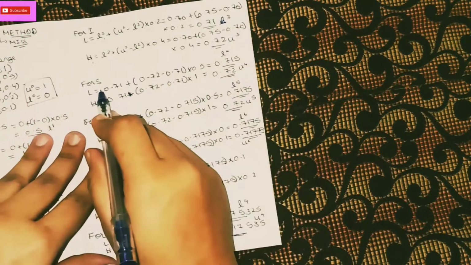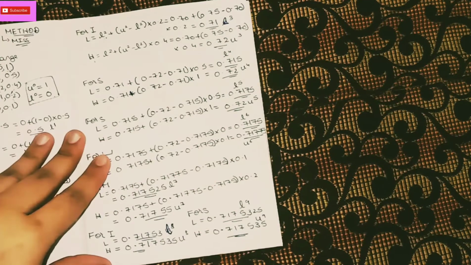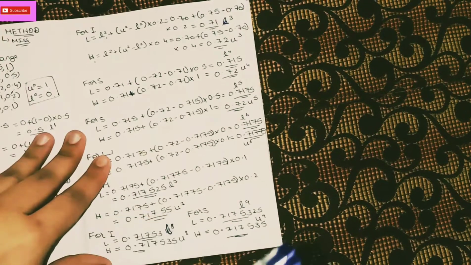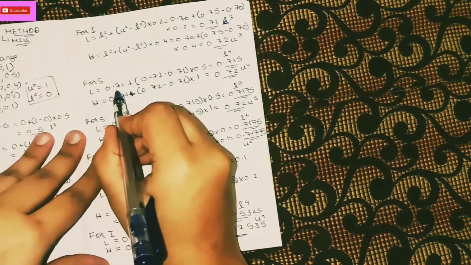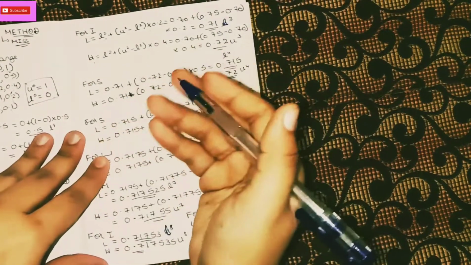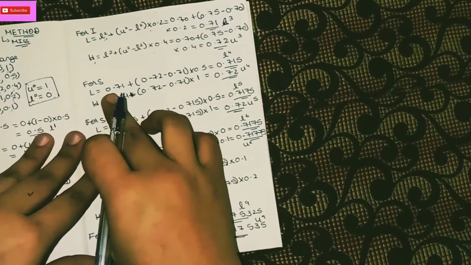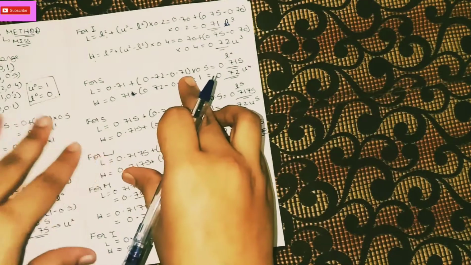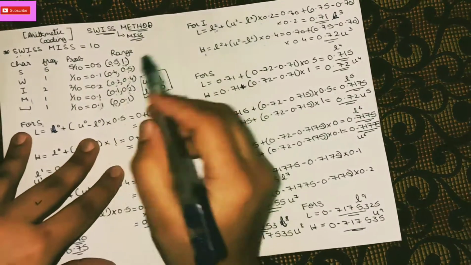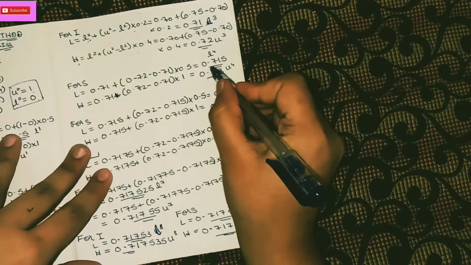Now for S, because our word is Swiss Miss, we are going to find the code for S. L is equal to, according to the formula, L3 plus U3 minus L3, into the lower range of S, which is 0.5.